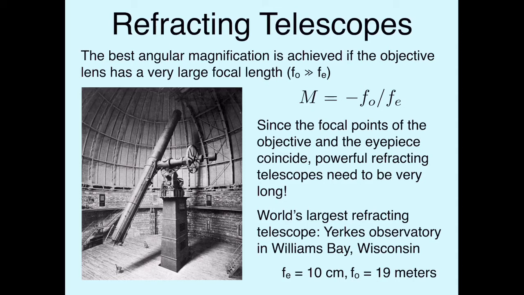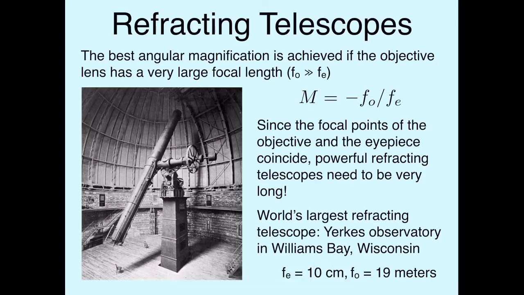So the world's largest refracting telescope that exists is found at the Yerkes Observatory in Williams Bay, Wisconsin. And this telescope has an objective lens with a focal length of 19 meters and an eyepiece with a focal length of 10 centimeters.